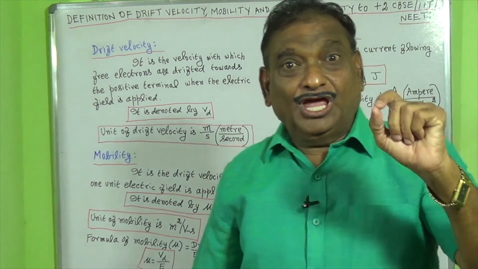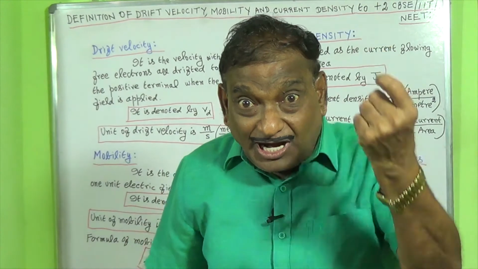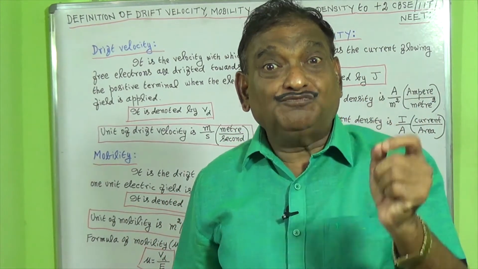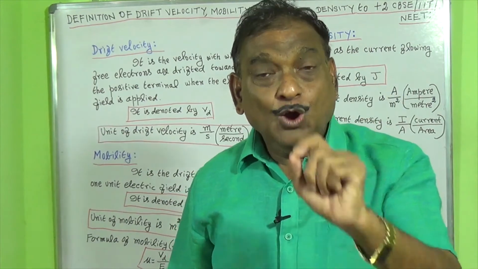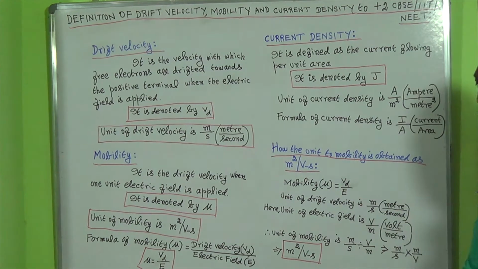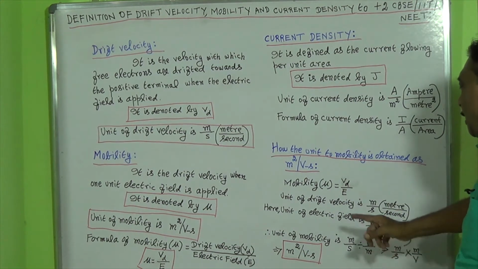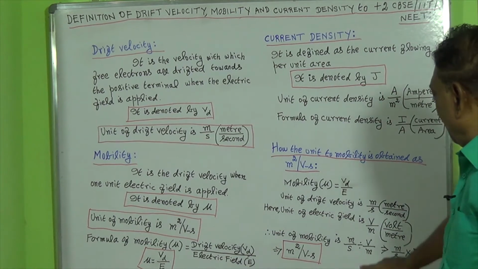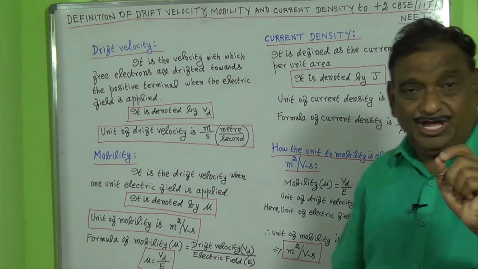Even though there are many units of electric field, we are selecting the unit for electric field as volt per meter. So if we divide the unit of drift velocity by this unit, we will get m by s divided by V by m.